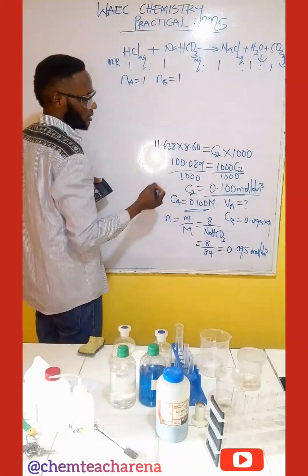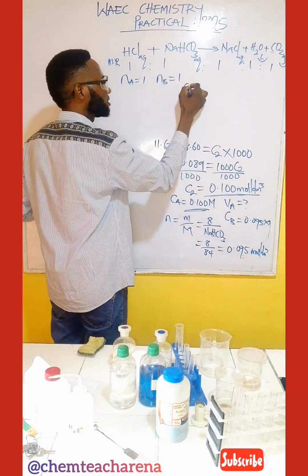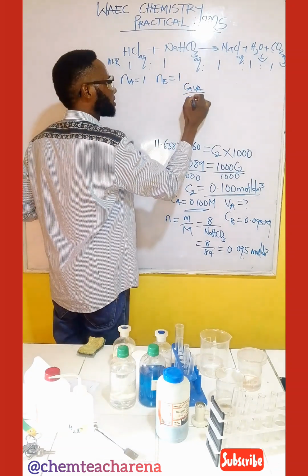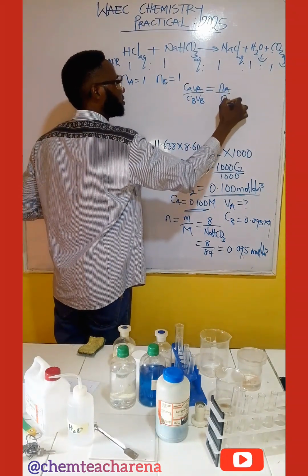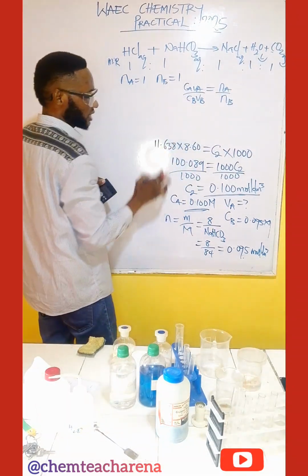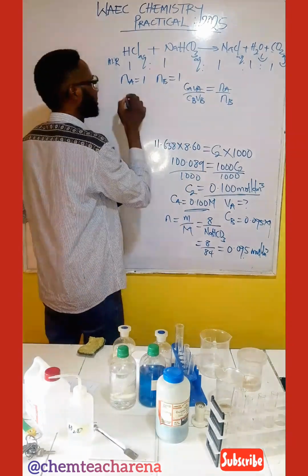1. Now, we recall our titration formula, CaVa over CbVb equals Na over Nb. So if you check now, what is my Vb?